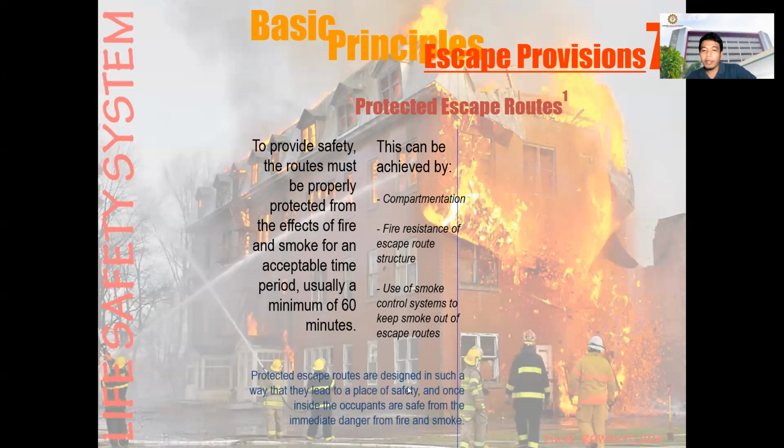The protected escape routes are designed in such a way that they lead to a place of safety. And once inside, the occupants are safe from the immediate danger from fire and smoke. So normally the fire escape provision is through stairs and fire exit.